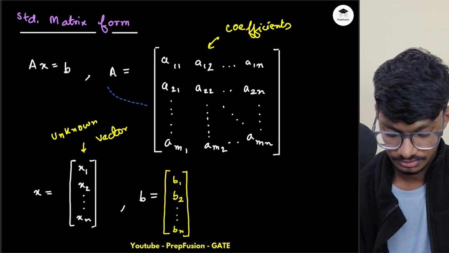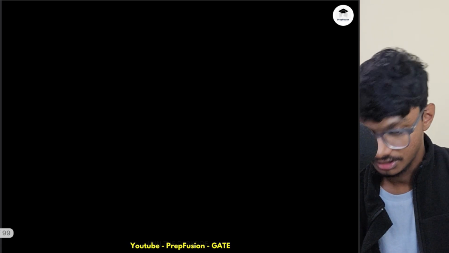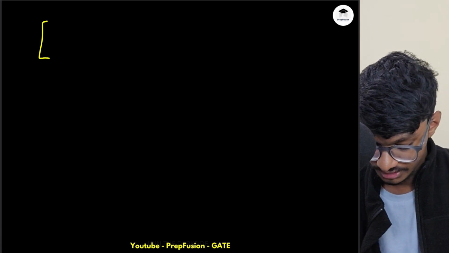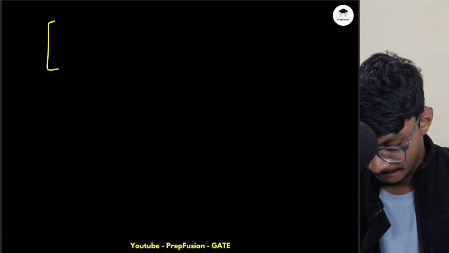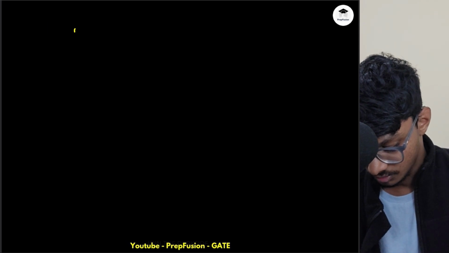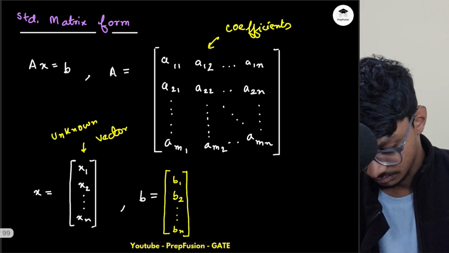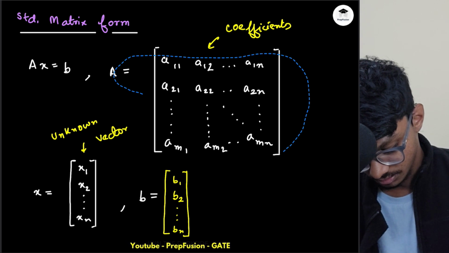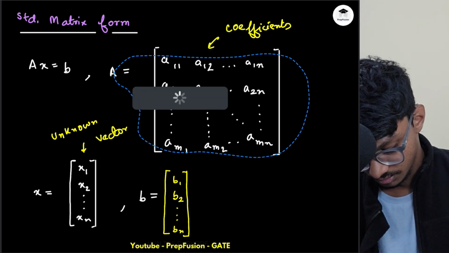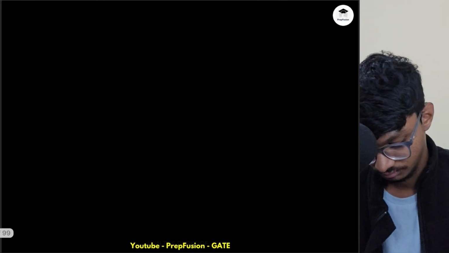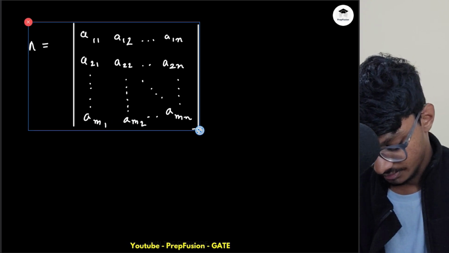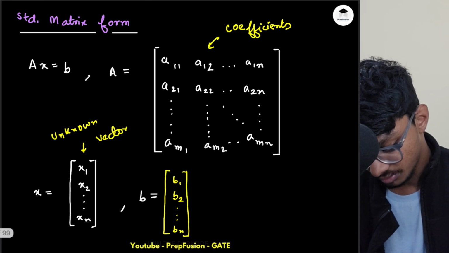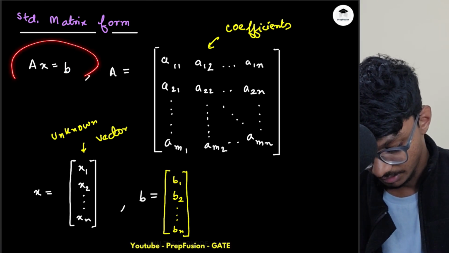Ax equals b. Let me write a 3 cross 3 matrix. If I have this type of matrix, let me just copy the previous case, which will be easier for us. Now let me put this in the equation format, Ax equals b.